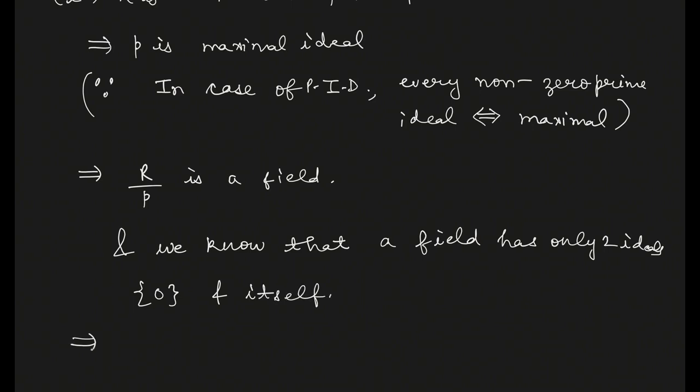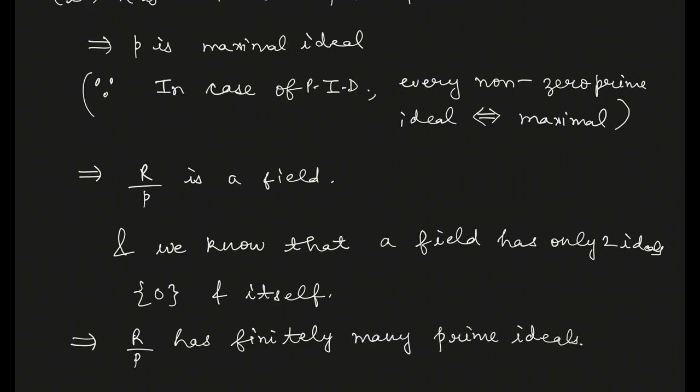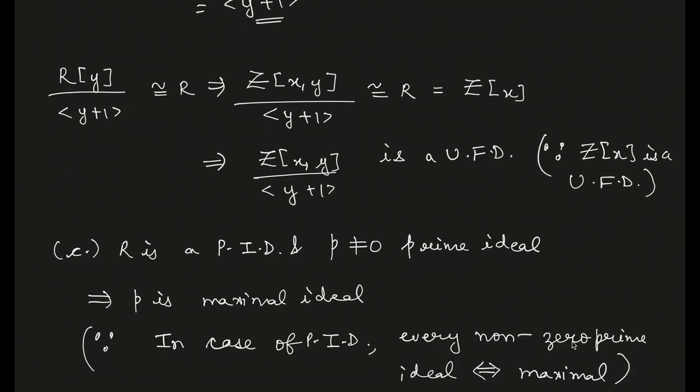So clearly R by P has finitely many ideals. So basically we have to interconnect results, therefore results need to be in mind. So option C is correct.